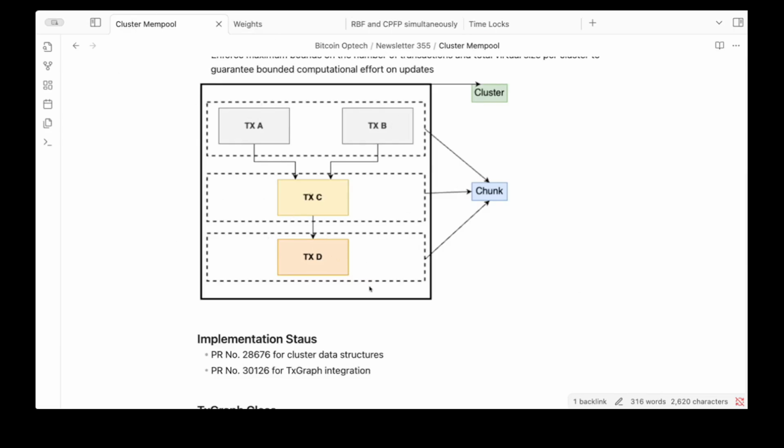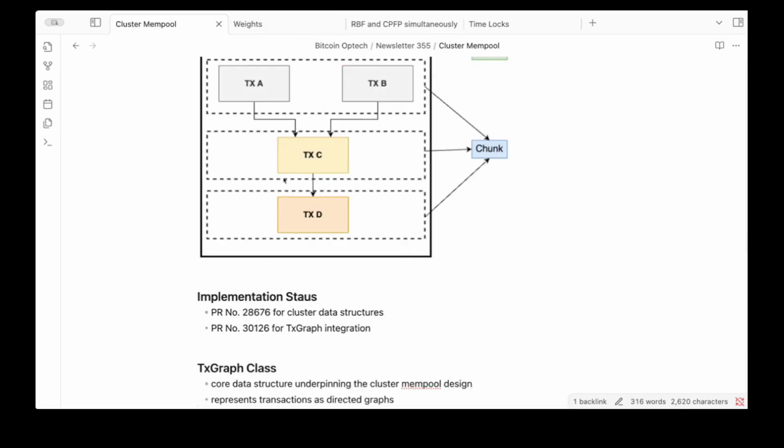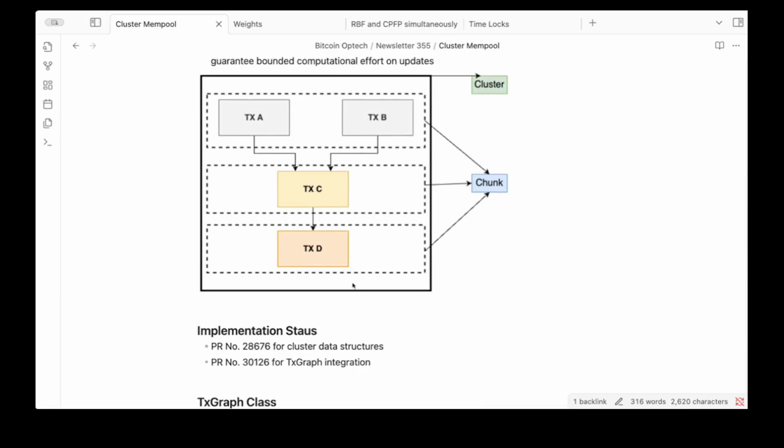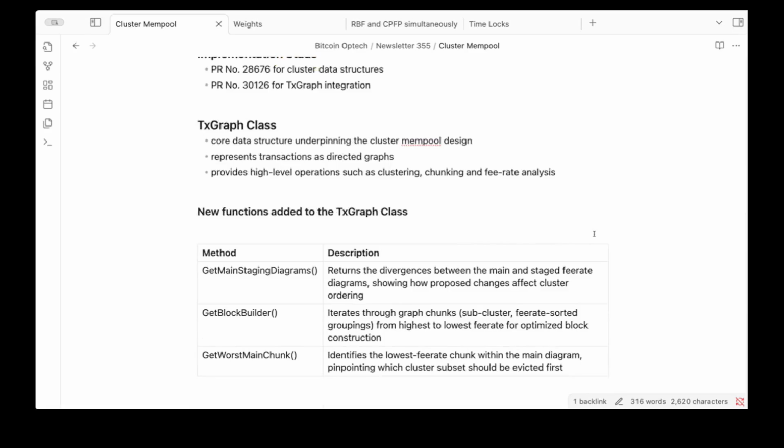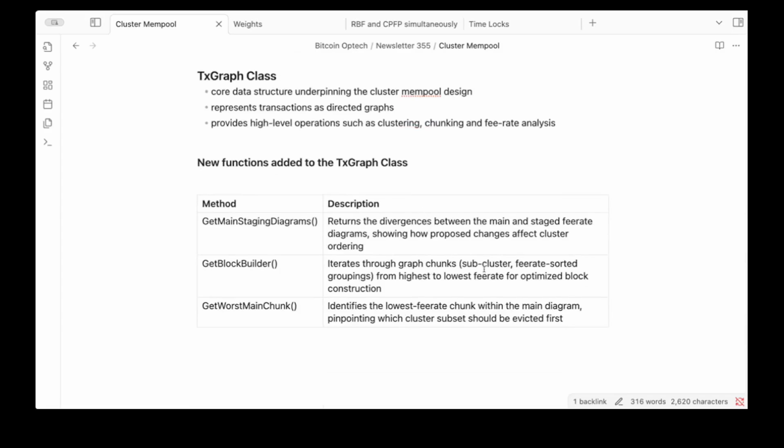In that kind of situation, this function can be used to iterate through all the chunks inside your cluster and identify which one pays the lowest fee rate. Probably you can evict this and put some other transaction into it. So these are the three different methods that have been added to the TX graph class.